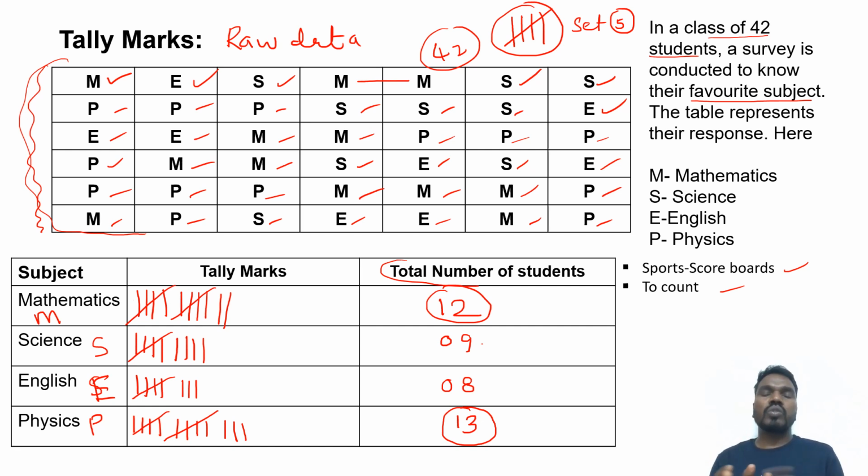We use this only when you have a very small quantity of data. When you have large data, we generally don't use it, it will be time taking, right? So that is the way we represent the tally marks.